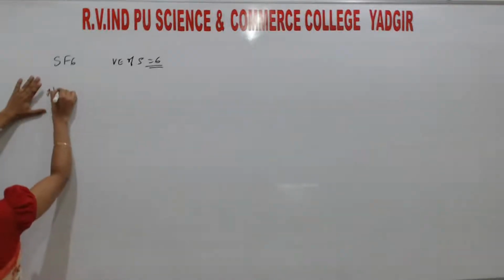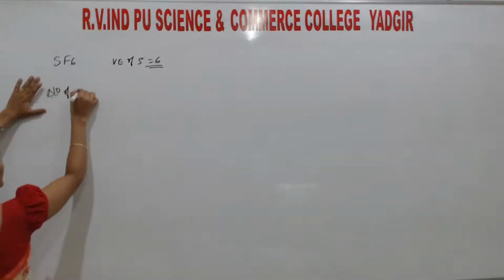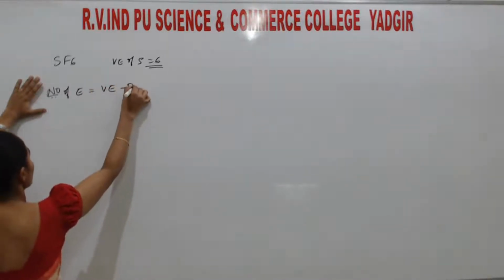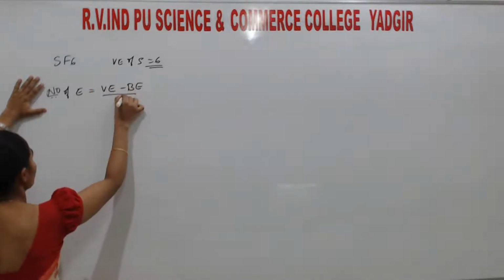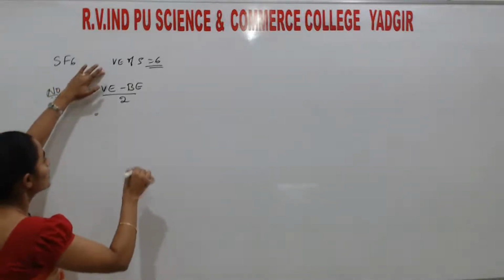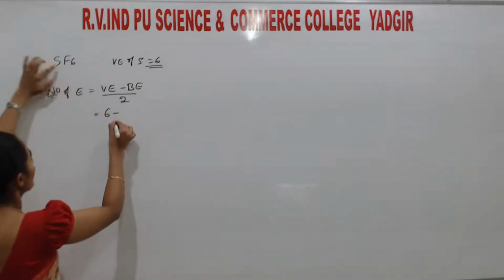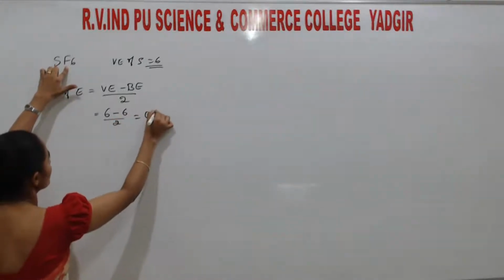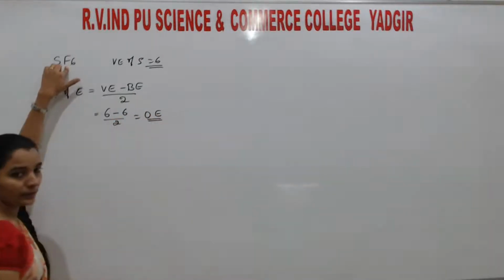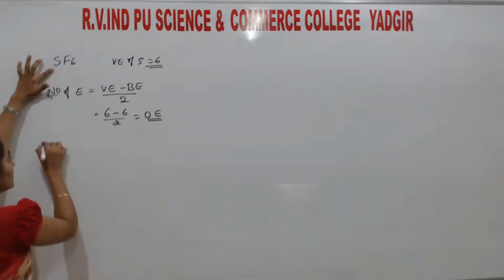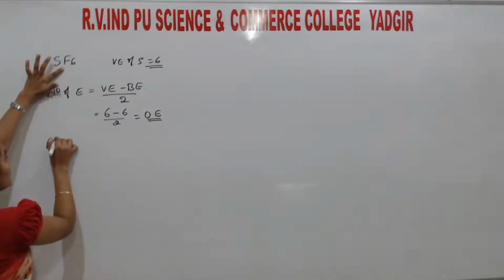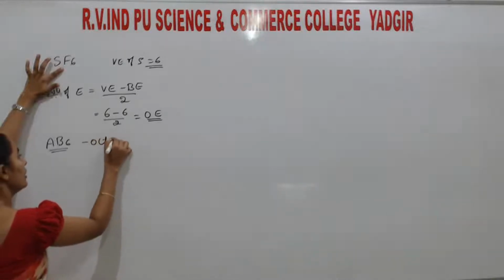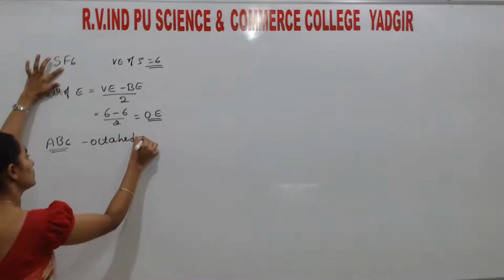Next, number of electron pair is equal to valence electron minus bonded electron divided by 2. So valence electrons are 6 here. Bonded electrons also 6 here. Divided by 2, that is 0 electron pair. Then S is taken as A, F is taken as B, AB6, that is octahedral structure.